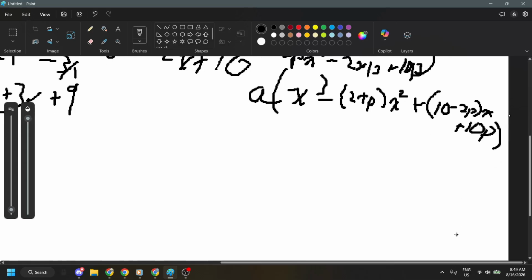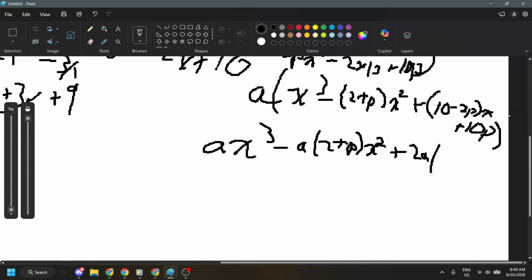Okay. Now just putting a in here, we get a x cubed minus a times 2 plus p x squared plus, we could factor out the 2 here, so we have 2a times 5 minus p x plus 10ap.